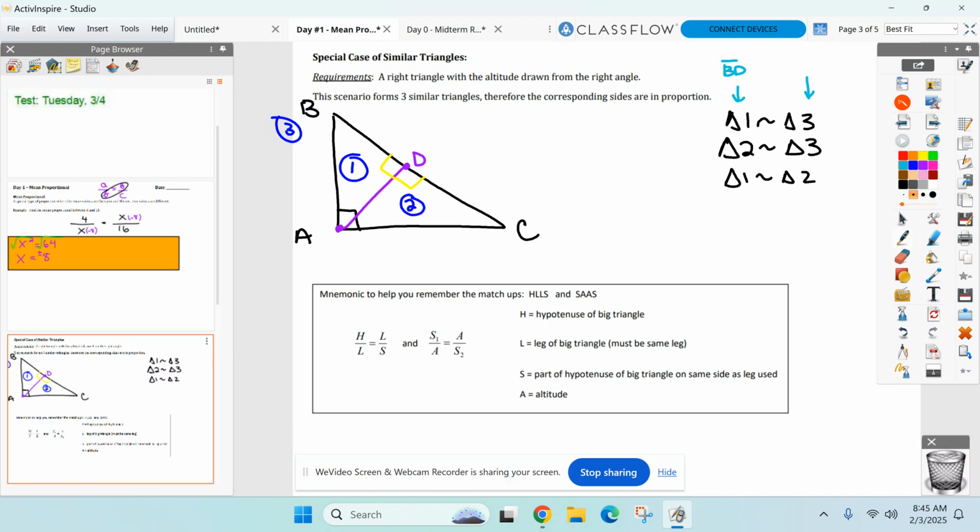The good news, I have 2 devices for you today that help you match up these sides. Before I introduce those, we're going to go over some vocabulary of all these sides. Let me start with side BC. Everyone see side BC in your diagram? What do we call that?